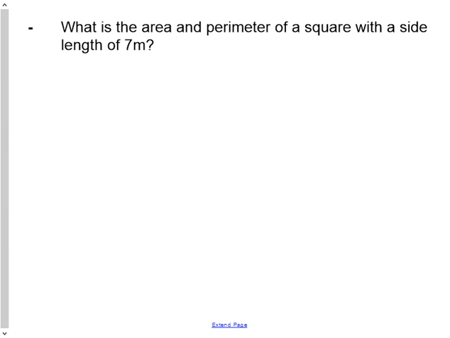The last three questions are geometry. It says, what's the area and perimeter of a square with a side length of 7? So if this is the square, and the side length is 7 meters, the area we learned is side times side, or side squared.